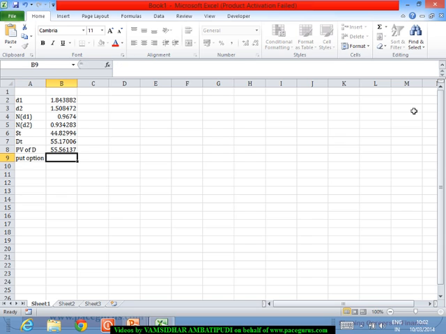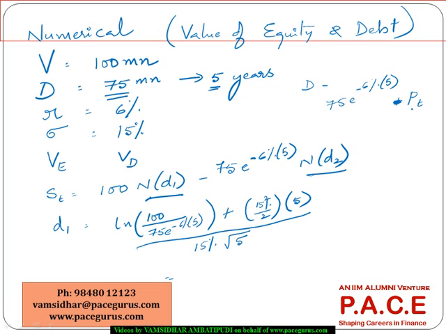When I am looking at the value of the put option, I can go with call put parity relationship, which talks about the difference between the call option minus put option is the spot price minus the present value of the strike price.